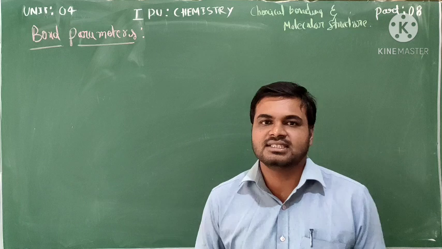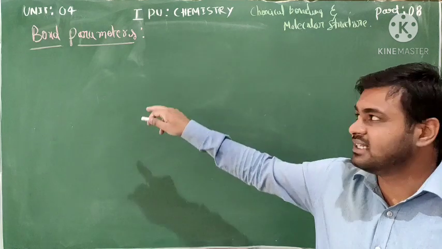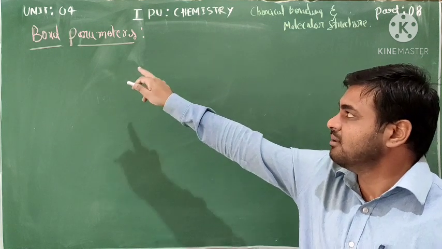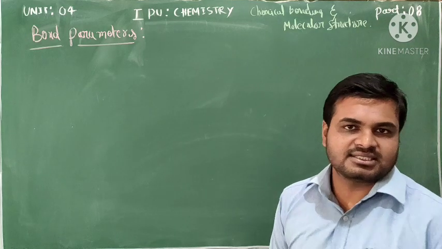Earlier we discussed some important terms in covalent bonding, the bond parameters. There are 6 bond parameters.